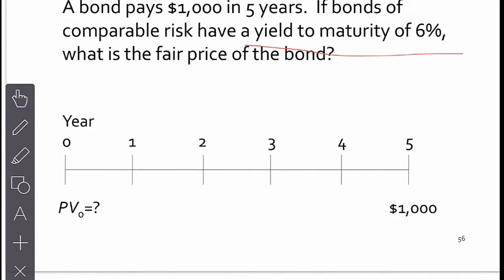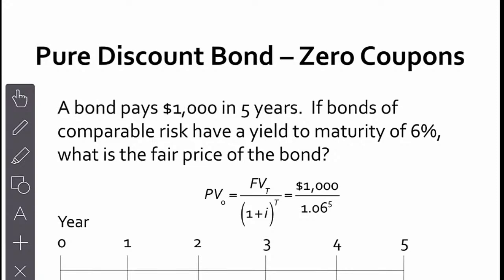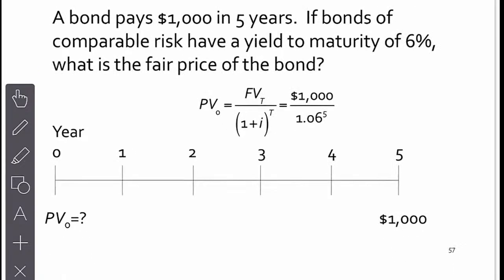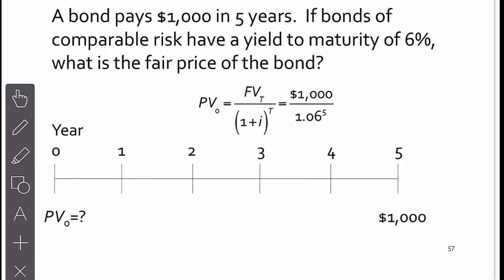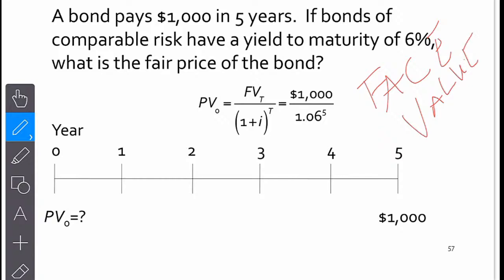It's just the regular time value of money formula solving for the present value. The future value is 1,000, or now we call it the face value of the bond. See how convenient the notation is. Future value and face value are the same thing in the same acronym, FV.